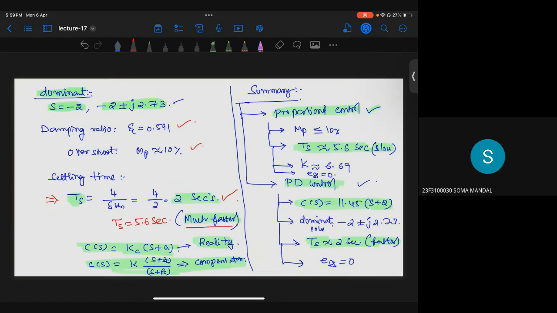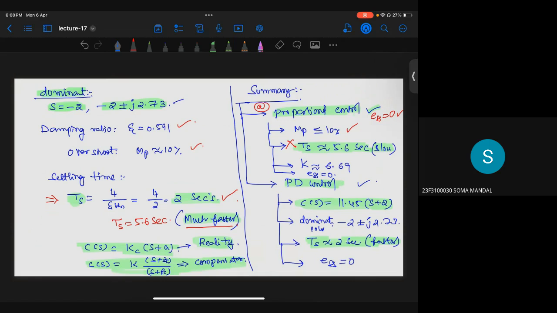Now the summary. Initially what we did, we drew the root locus with the proportional controller to meet the requirements of ESS equal to 0 and overshoot of 10%. These two we are meeting, but the settling time is a little higher.